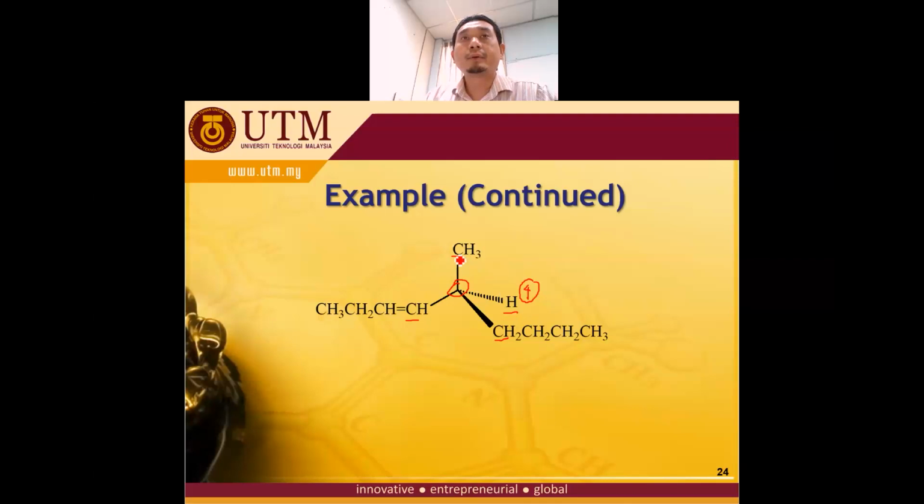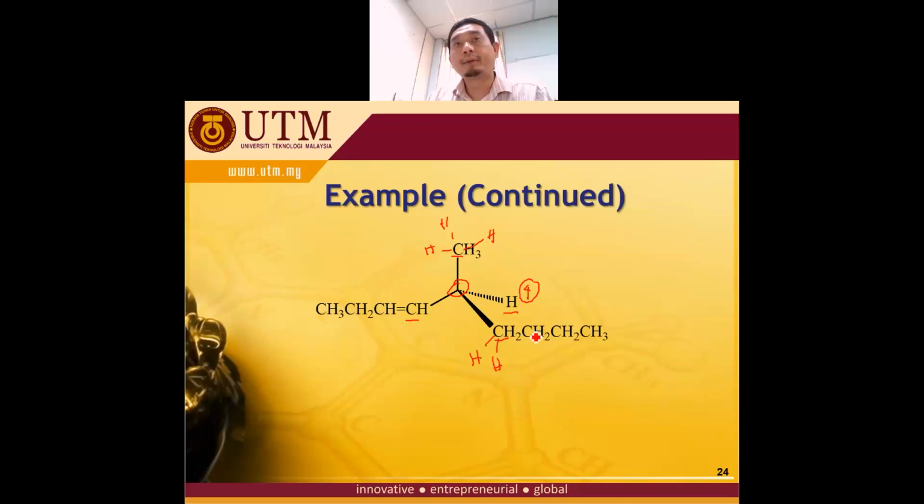If I draw the full structure, this carbon is attached to 3 hydrogens. The butyl carbon, this one, is attached to 2 hydrogens and 1 carbon.